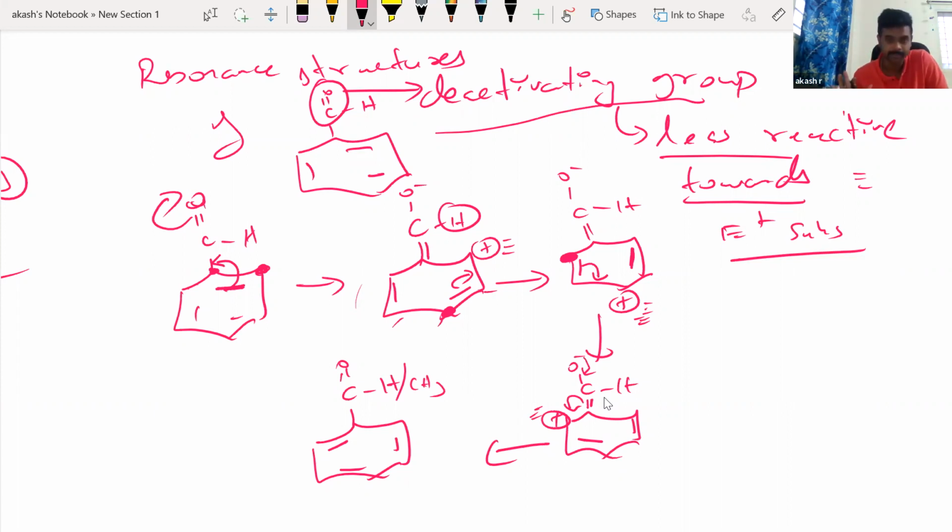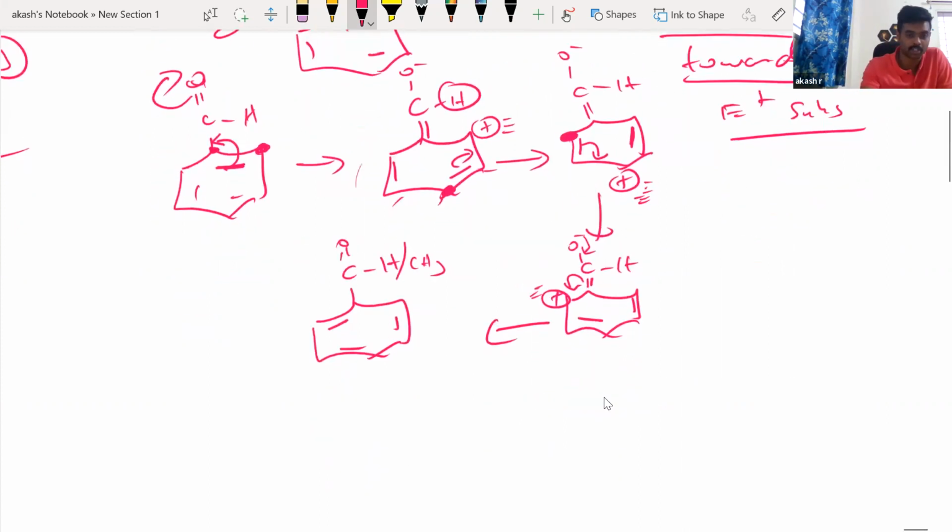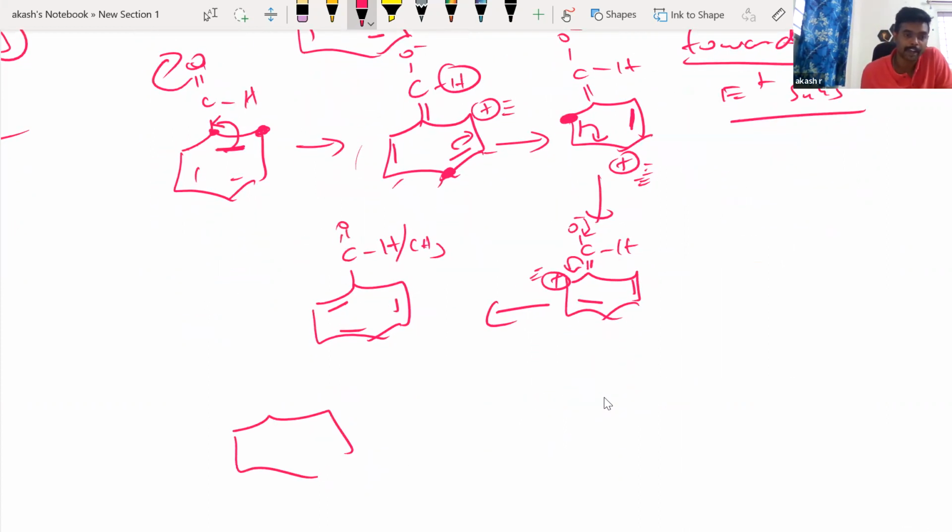They will react. Now the question is, the electrophile will go to which position? Say I have benzaldehyde, C double bond O CH3, or anything for that matter, and an electrophile coming. Now you have three positions possible: the ortho position, the meta position, and the para position.